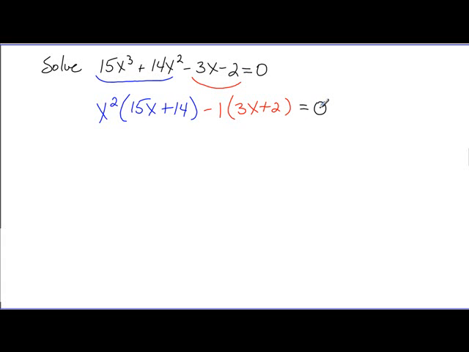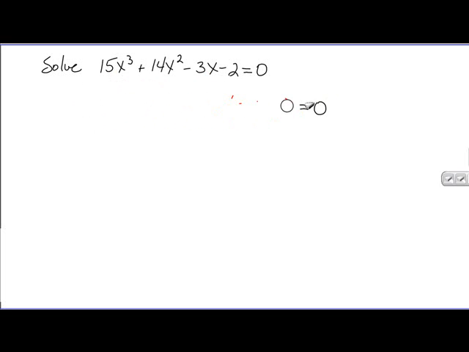Now the problem is that there is no common factor. Usually what's left in the parentheses is a common factor that you could then pull out. We're stuck. So we can't factor this and solve this equation.